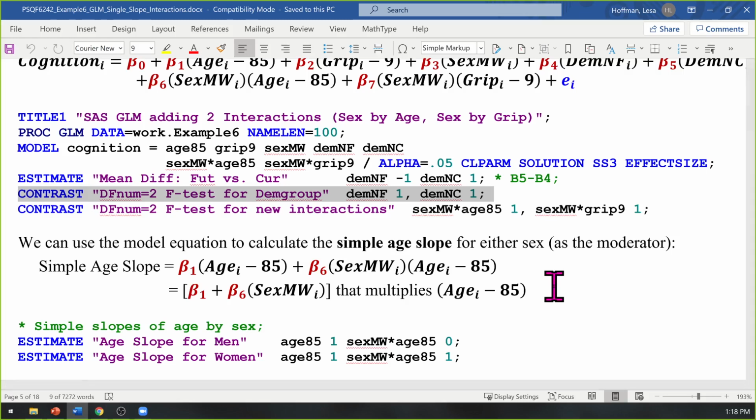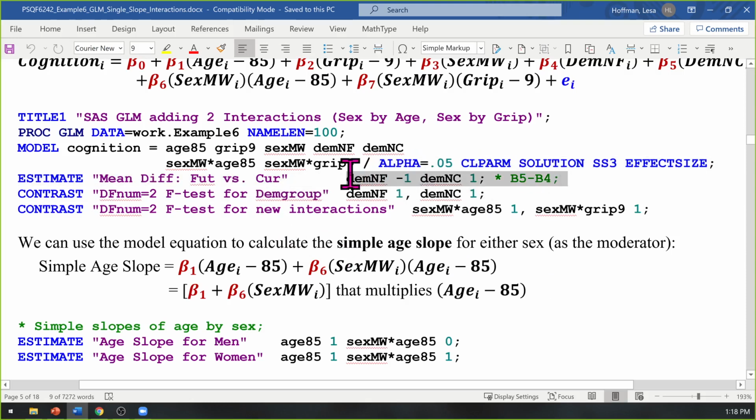Contrast is a way to lump together multiple slopes to get a joint test of their significance, and it's useful in several different contexts. The one it's being used for here is to get an overall test of whether dementia group matters. Because there's 3 groups, which means there's 3 possible means, which means there's 3 possible mean differences. And so I want a joint test as to whether there are mean differences across those 3 dementia groups. So I'm asking for that in addition to the specific comparison between the 2 non-reference groups that I was lacking before.